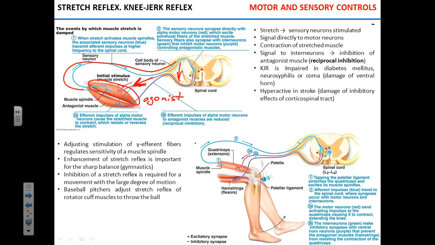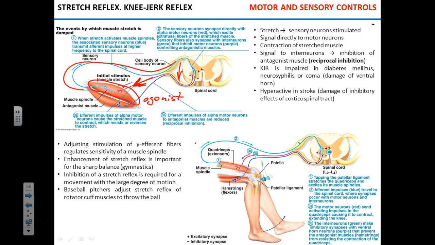Now, in the human body, there are many pairs of agonist and antagonist muscles. Whatever agonist muscle does, antagonist muscle undoes. Can you give me an example of agonist and antagonist muscles? You don't have to name them, just show them.